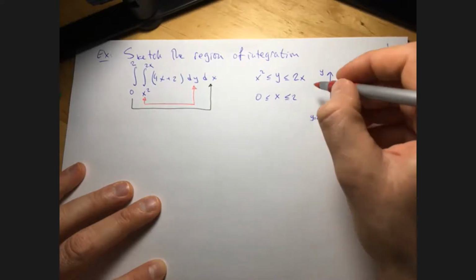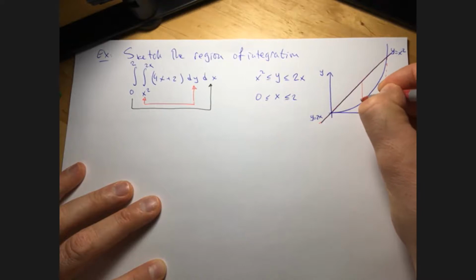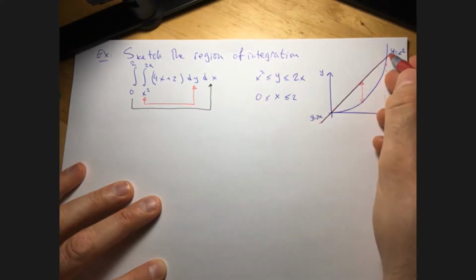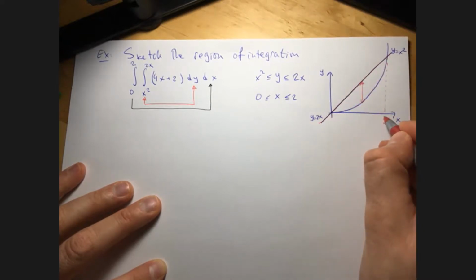Sorry, y is above x squared. I'm so sorry, y is above x squared, okay? And it's below 2x, and x goes from 0 to 2.